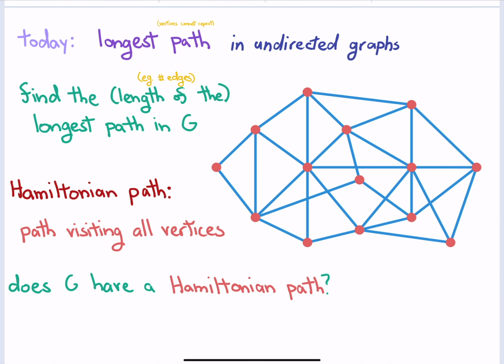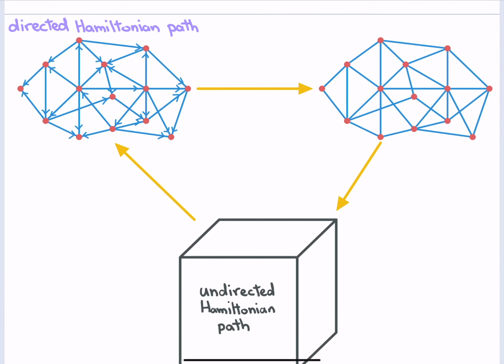We are going to show that the longest path problem is also hard in undirected graphs. I want to show that this problem is hard. What's a natural candidate? I want to choose another hard problem and turn it into this one. Let's take a directed Hamiltonian path algorithm and construct an undirected graph so that figuring out if that undirected graph has a Hamiltonian path tells us about the directed graph.